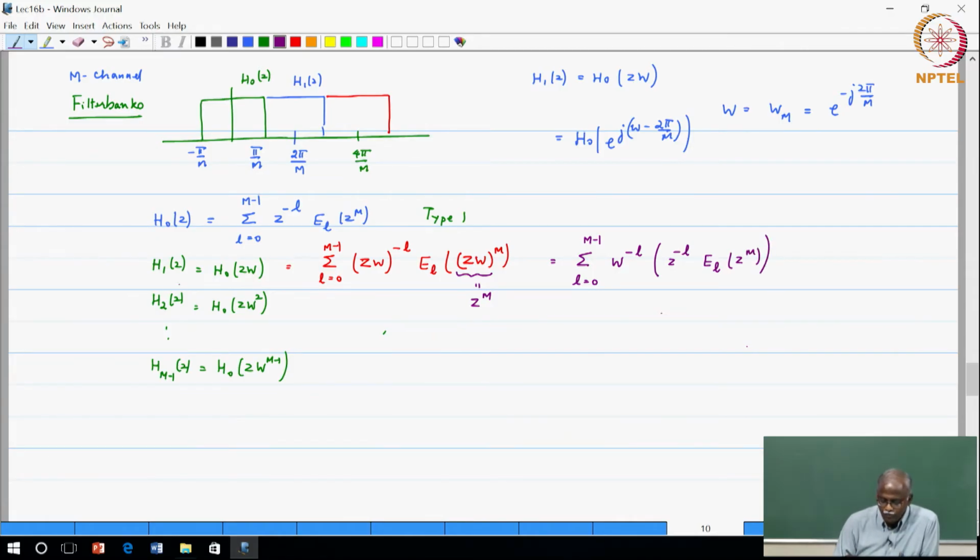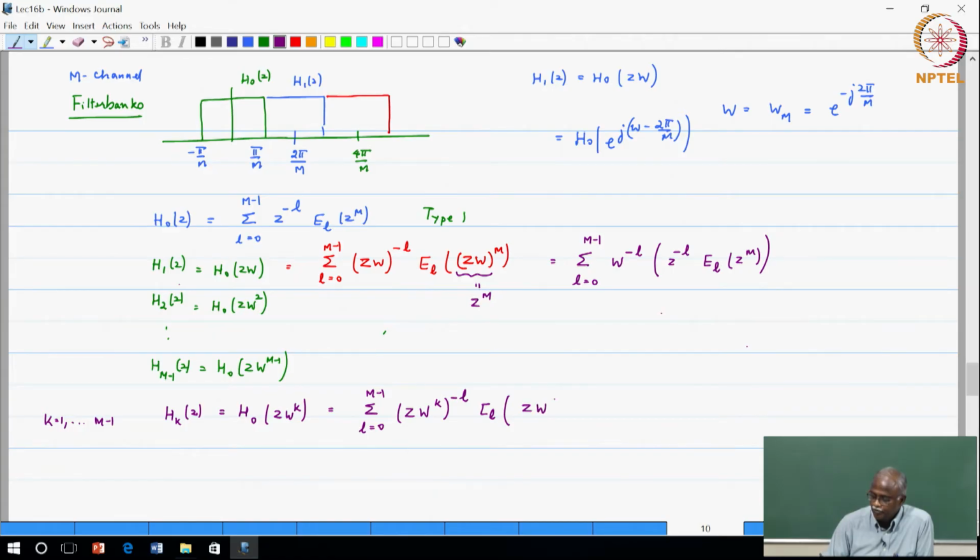Now, if you were to look at any arbitrary filter H_k of z, this would be H0 of zW^k, where k is in the range 1 through M minus 1, and all of these would satisfy the following structure. This would be summation L equal to 0 to M minus 1, (zW^k) raised to the power minus L, E_L of (zW^k) raised to the power M. Okay.